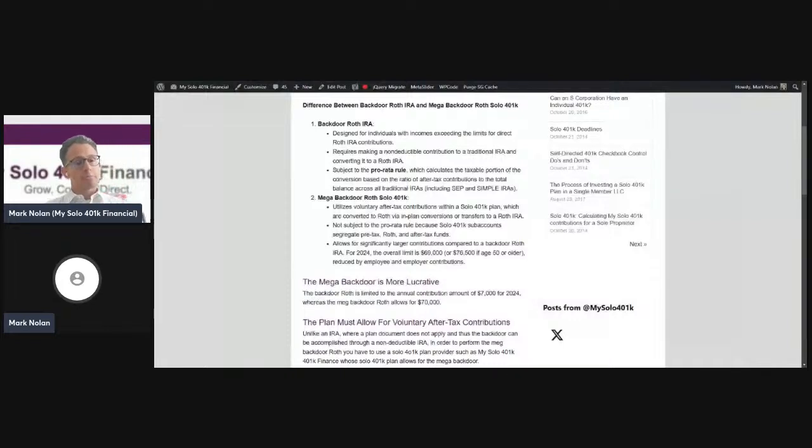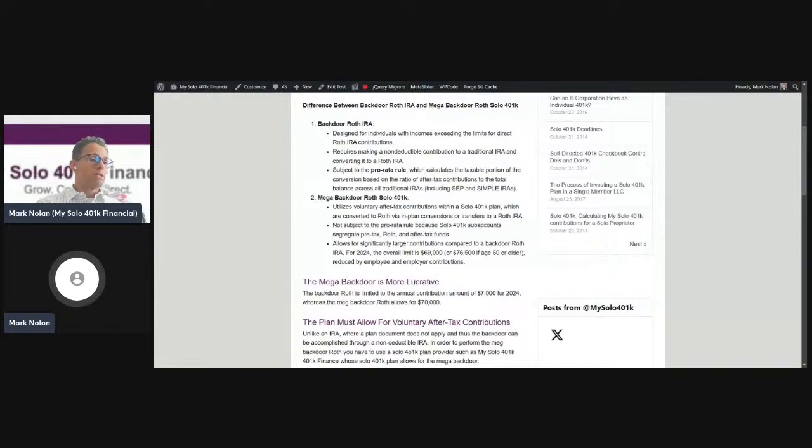In short, if you're trying to do a backdoor Roth IRA conversion, you have to look at all your IRAs before you can process that conversion, because you can't just cherry pick and say, I'm only going to convert the funds in my IRA that only holds non-deductible IRA funds. You instead have to convert some of the basis and some of the gains.